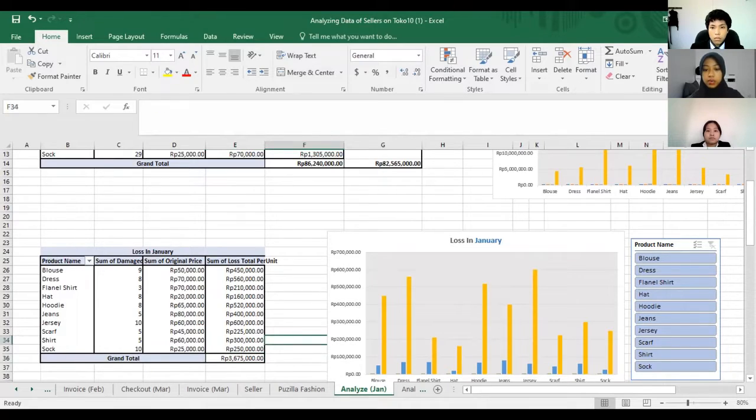Beside it, there is a pivot chart from the loss table in January, and the highest is jersey, and the slicer is useful as a filter to make it easier to see the data you want like this.